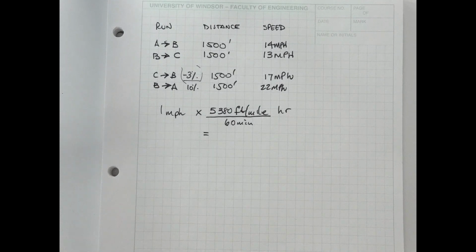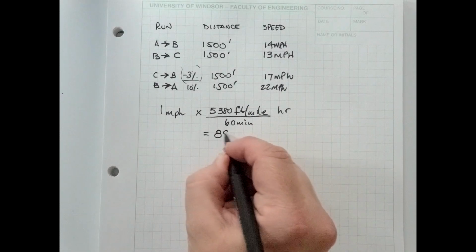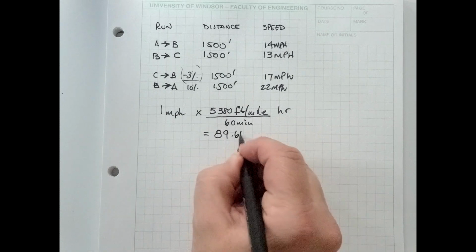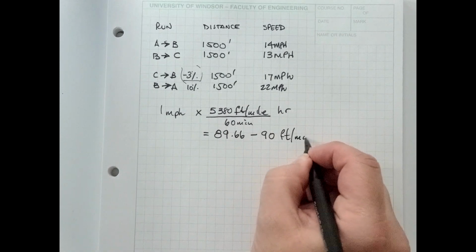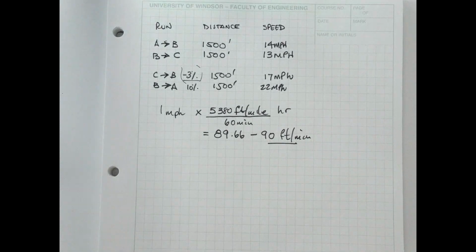What does that come to be? 5,380 divided by 60 is 89.66. We're going to call this 90 feet per minute. So 1 mile per hour is 90 feet per minute.